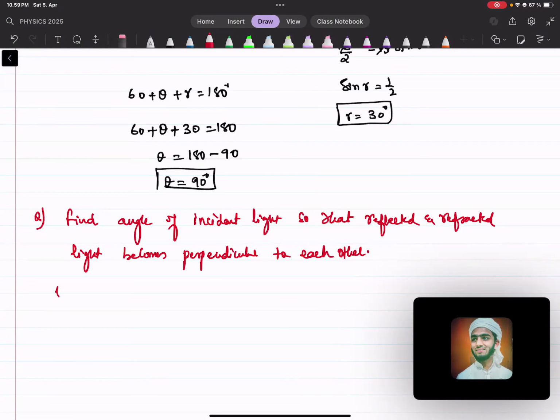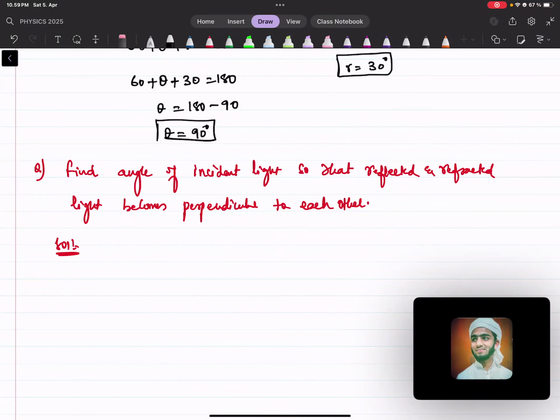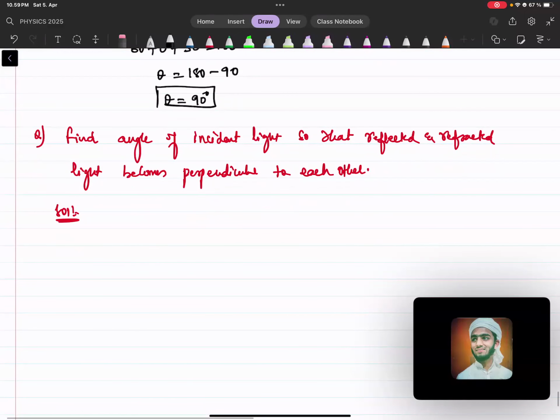Okay, come on, do it. Find the angle of incident ray so that the reflected ray and refracted ray become perpendicular to each other.